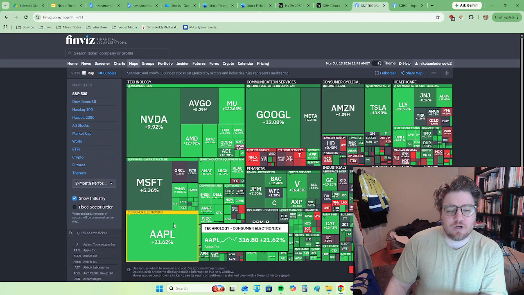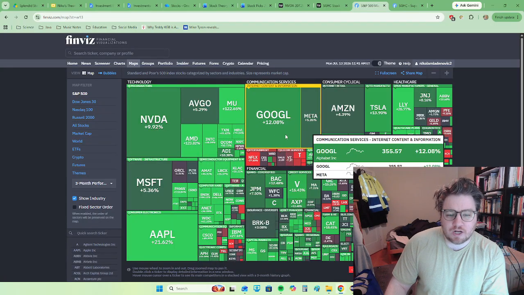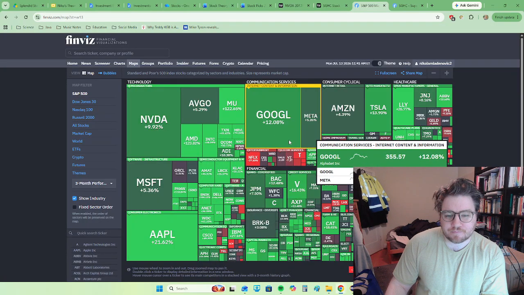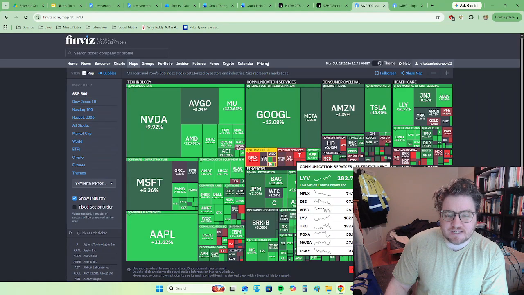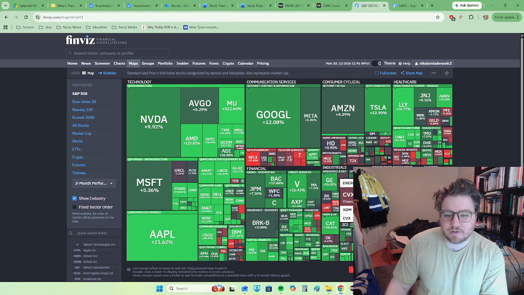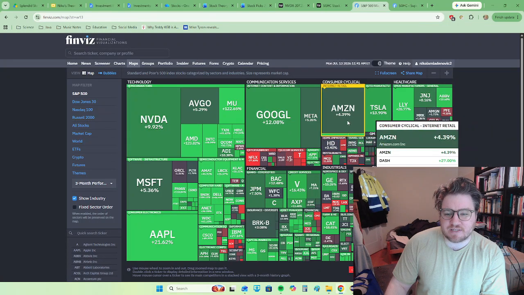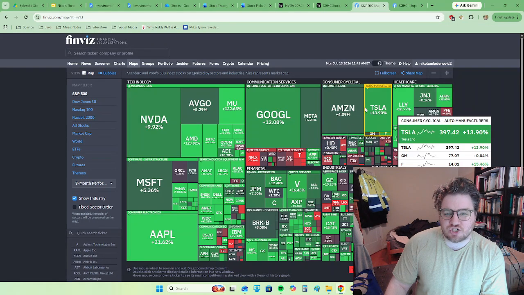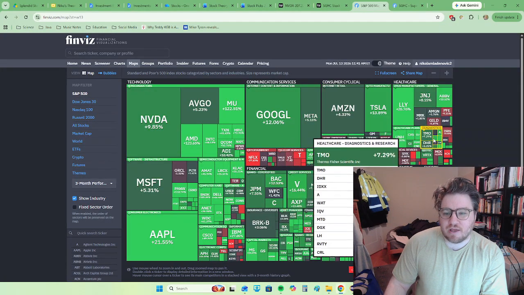In 3 months, Apple went up 20%, Nvidia went up 10%, Google went up 12%. Entertainment, Netflix went down 27%. Consumer cyclical stayed neutral, Tesla went up 13%. So these are your retail stocks. Amazon stayed pretty much neutral.